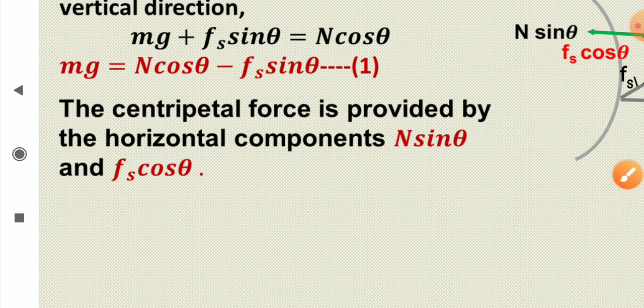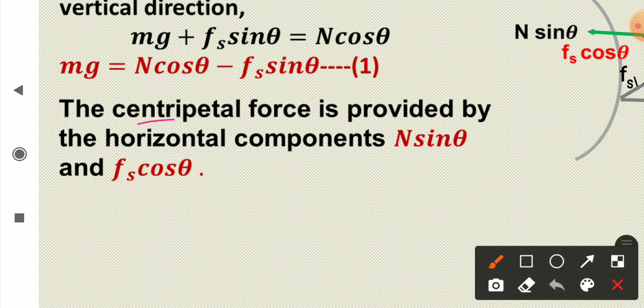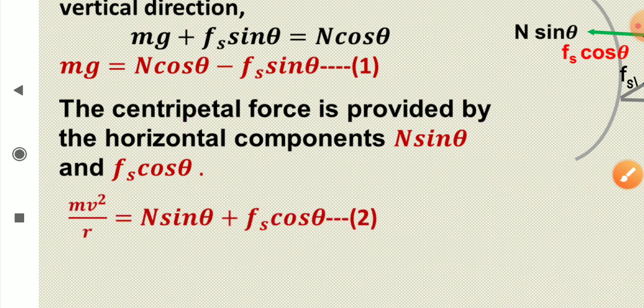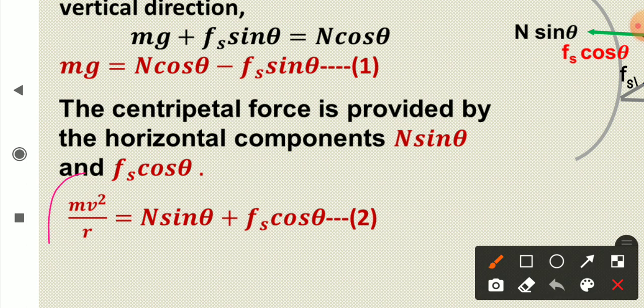Then the centripetal force is provided by the horizontal components n sin theta and fs cos theta. So this centripetal force mv square upon r is equal to n sin theta plus fs cos theta.